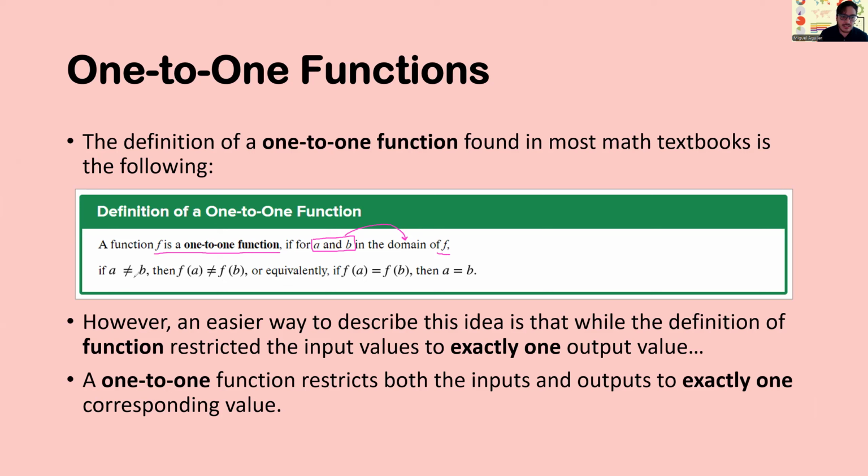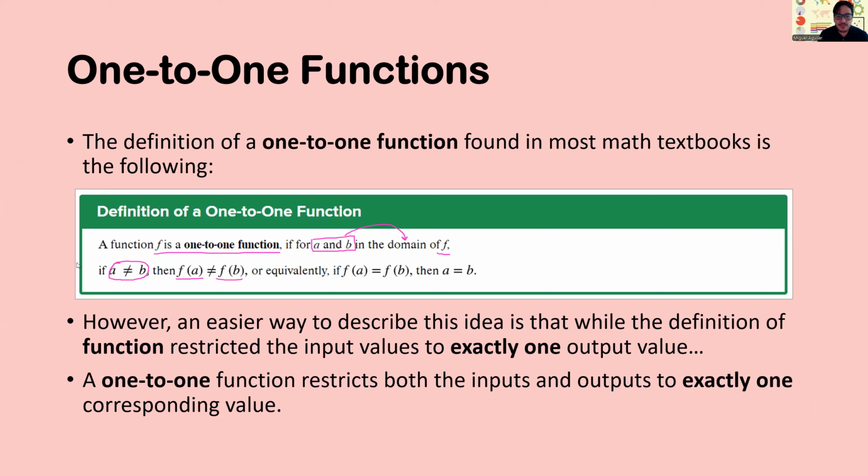Okay, so first, if a and b are elements in the domain of f, and if a is not equal to b, then that implies f of a is not equal to f of b. Okay?